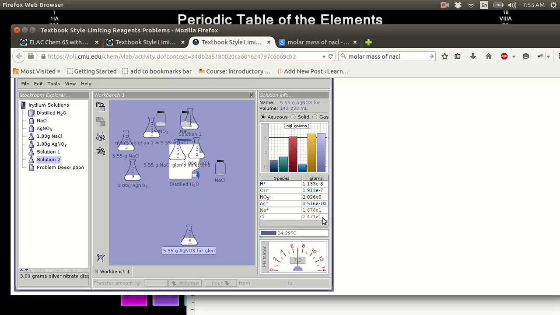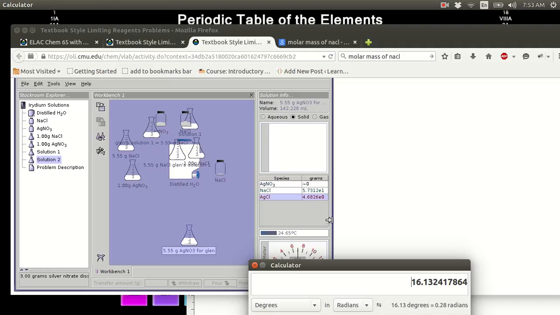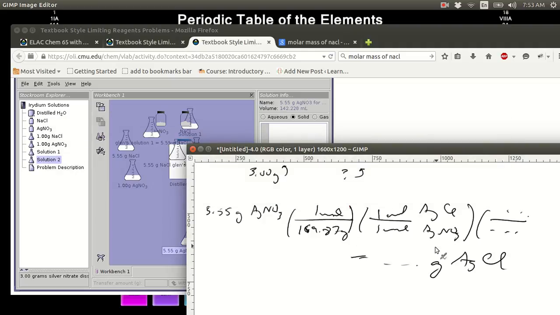So now I could see that the solid AgCl is this number. This number needs to match the number that I calculated here. Okay? So you figure that out and let me know if you have questions.